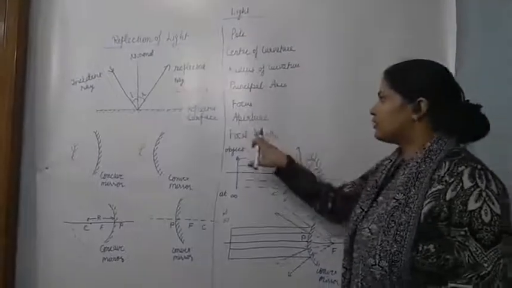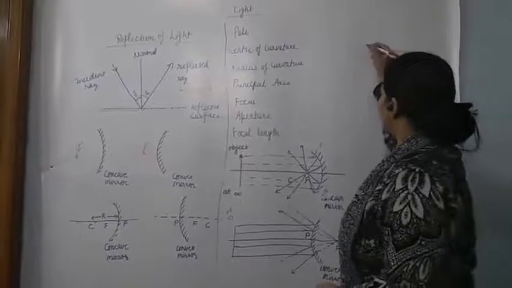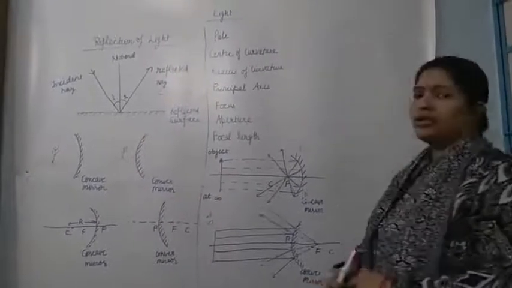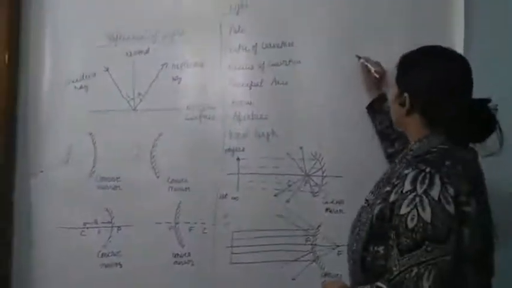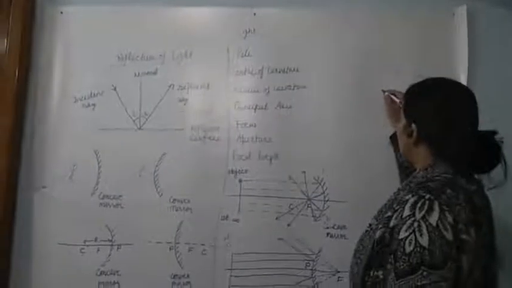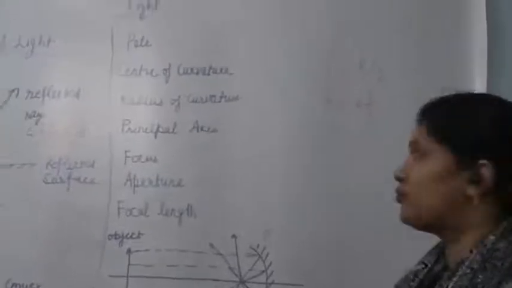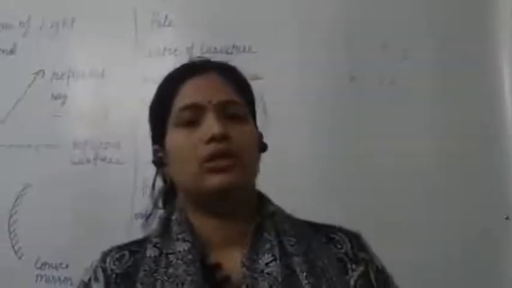Then the focal length is given as R upon 2, that is, it is half of the radius of curvature, or R is twice f. Using this formula, we can calculate the focal length or the radius of curvature if any one is given in the question.